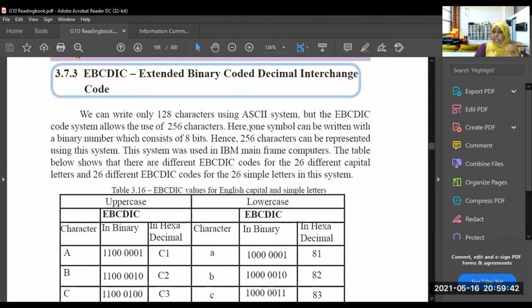In EBCDIC, one symbol can be written with a binary number of 8 bits. Here, 8 bits are used to represent an EBCDIC character as a binary number. 256 characters can be represented using this.